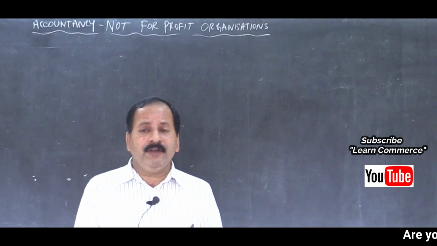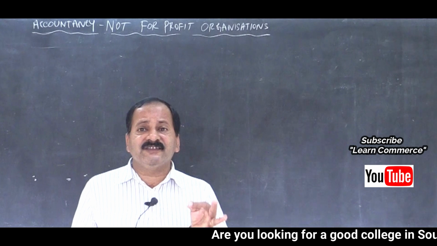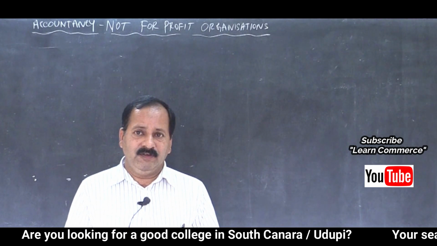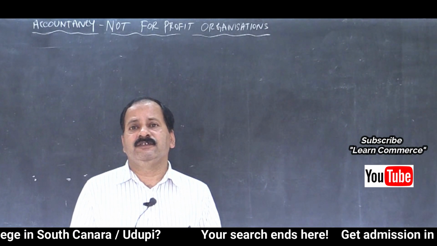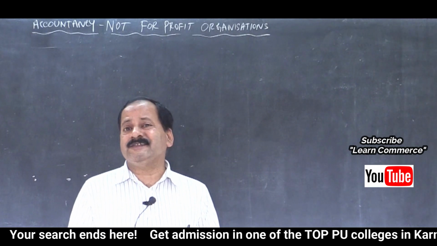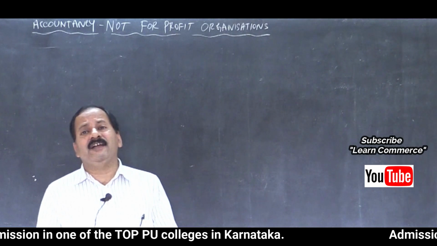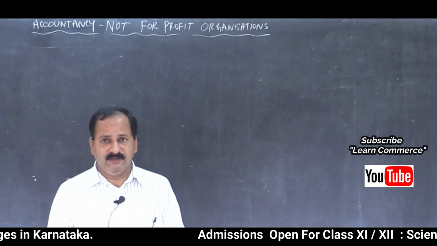They are established to provide service to the public at large, like hospitals, education institutions, public libraries, government hospitals, sports clubs. All these are examples of not for profit organizations.